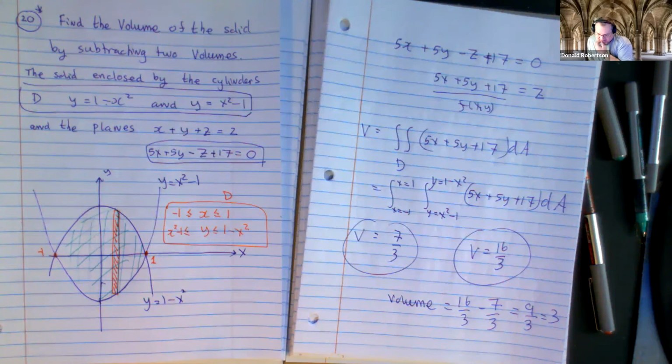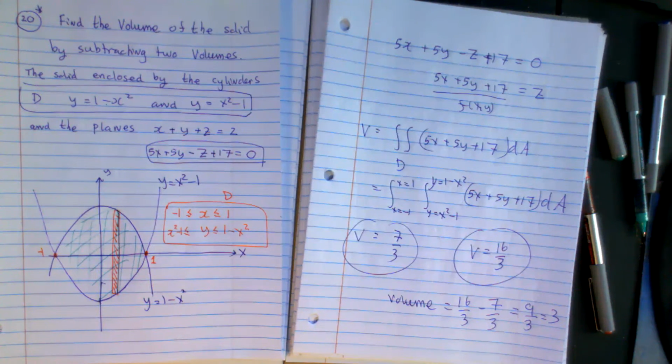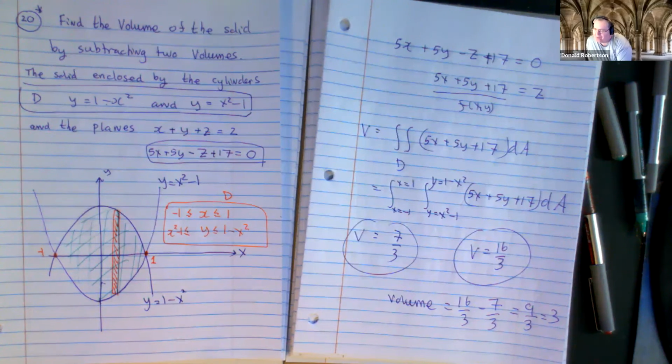Is there an order? Yeah, big one take away little one. Make sure your answer's positive, because this is a physical volume in this case, rather than the double integral.